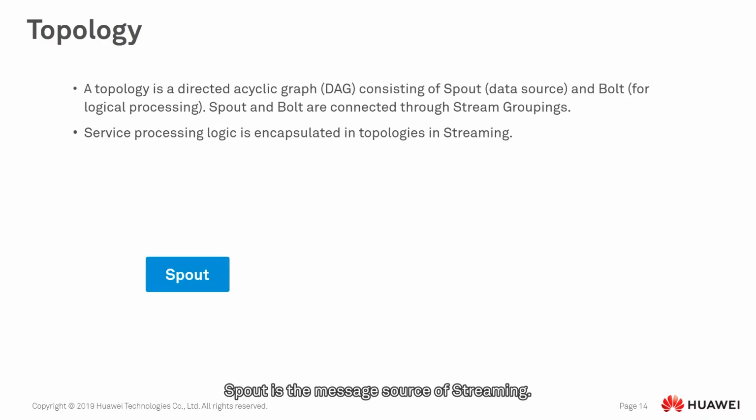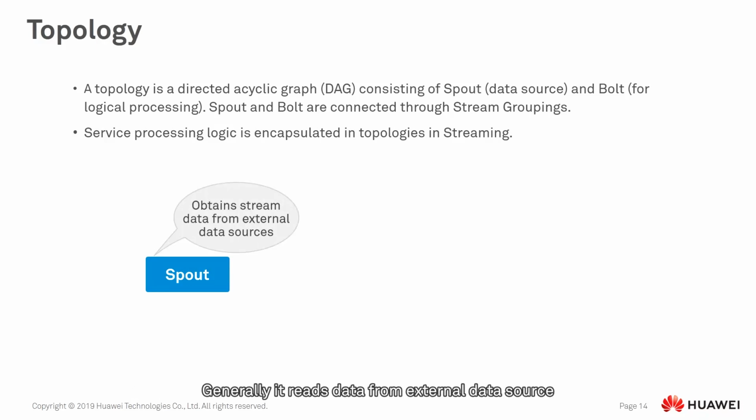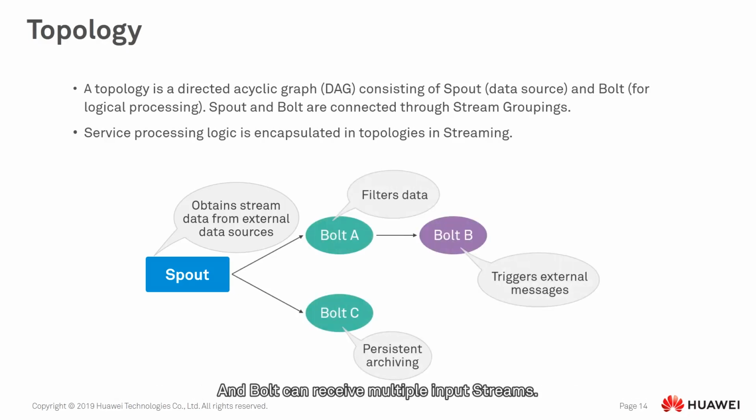Spout is the message source of streaming. Generally, it reads data from an external data source and sends the data to a topology. For example, a spout can read messages from a Kafka queue and send them as a stream, and bolts can receive multiple input streams.